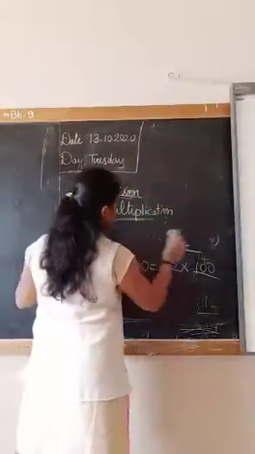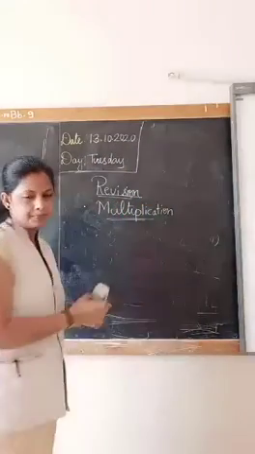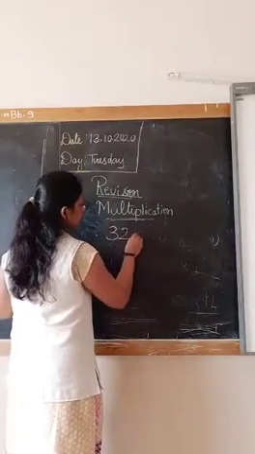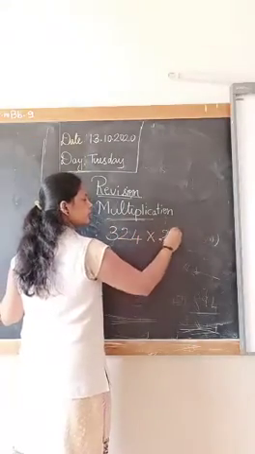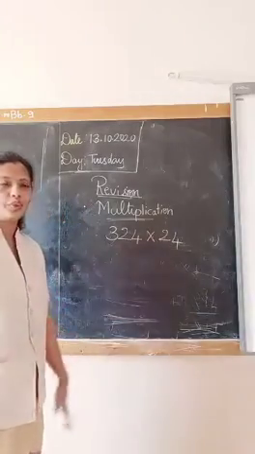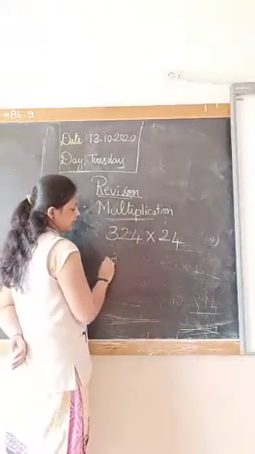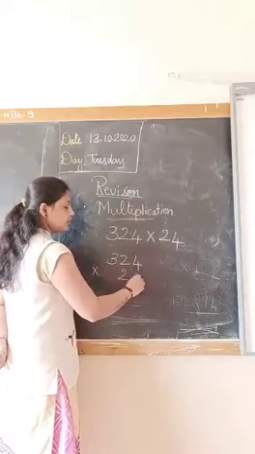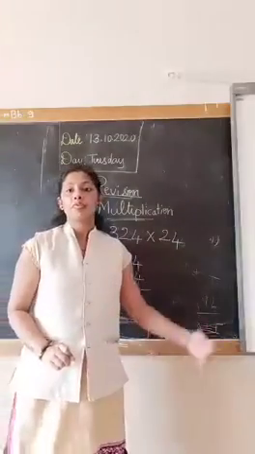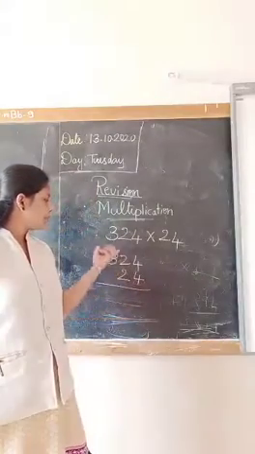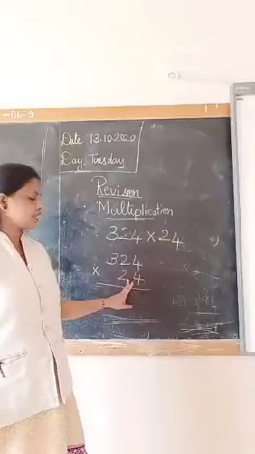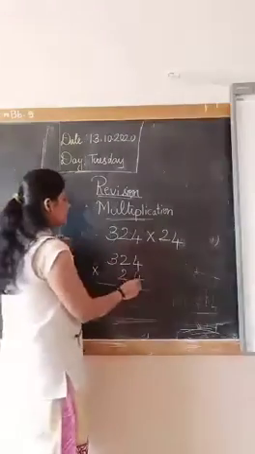First, multiply by a 2-digit number. Okay. First write down 324 into 24. So what are the steps, children? This is the multiplicand, multiplier and product. For the multiplier, from 24 you first take the 4 table.